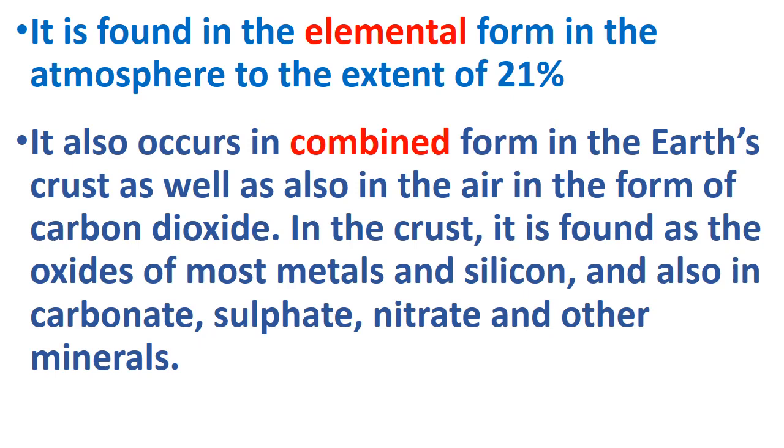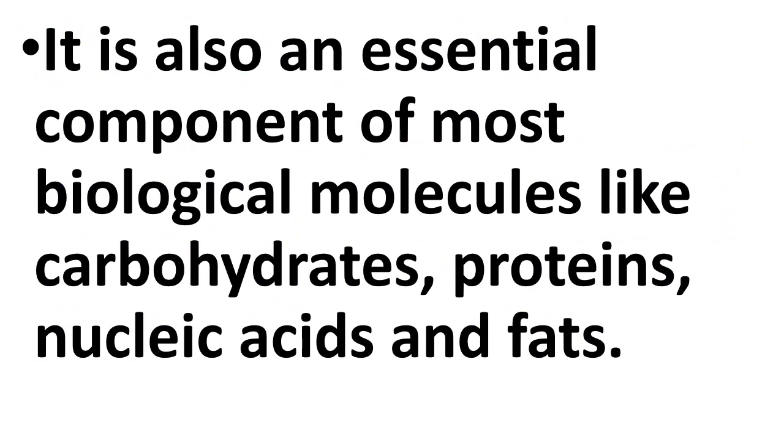And in the earth's crust it is found as oxides of most of the metals and silicon, and it is also in carbonate, sulphate, nitrate and other minerals. So oxygen occurs in combined form as well as in elemental form, similarly to the carbon that was also occurring in both the forms.